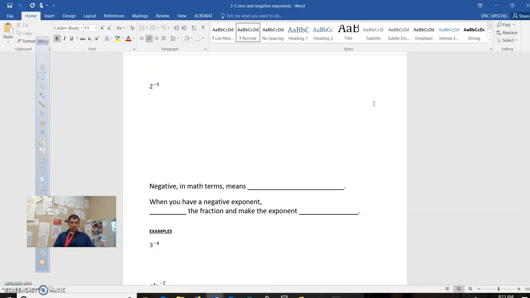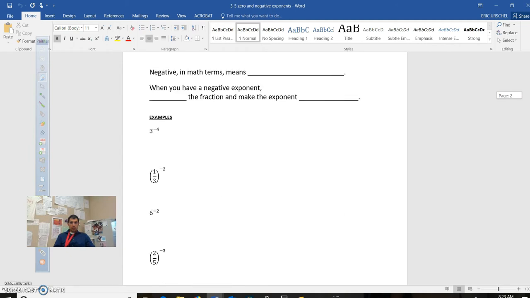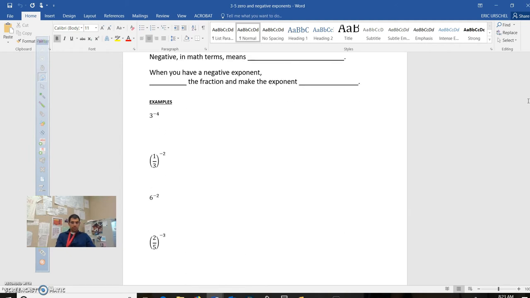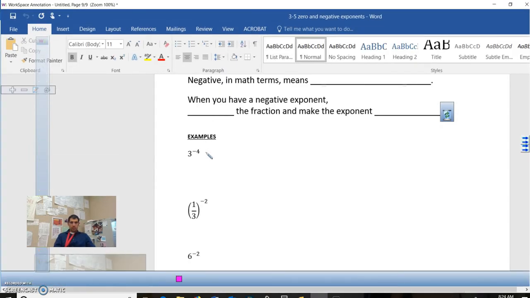So let's run through some examples here. 3 to the negative fourth. We're going to flip this over, so it becomes 1 over 3. We're going to make the exponent positive.